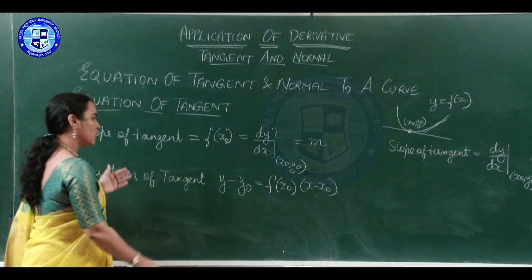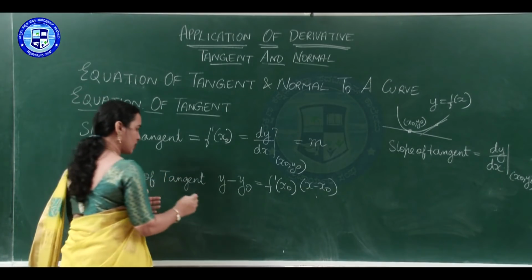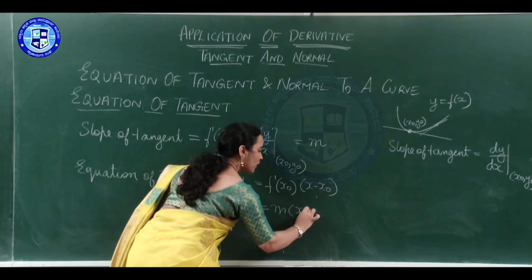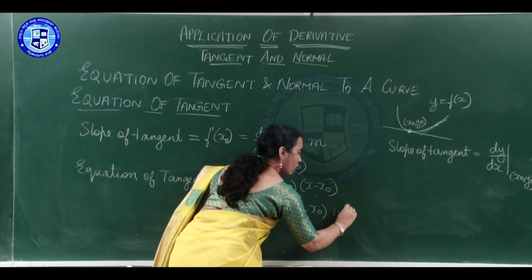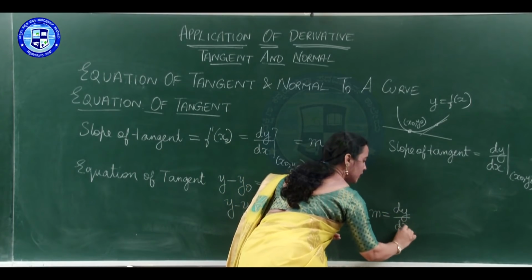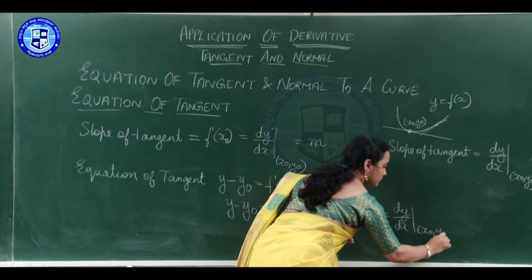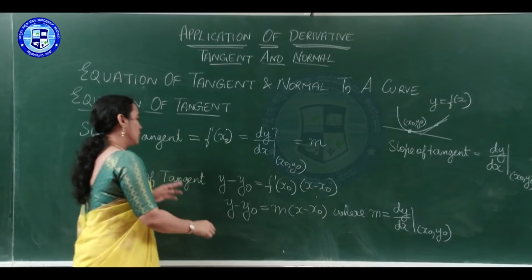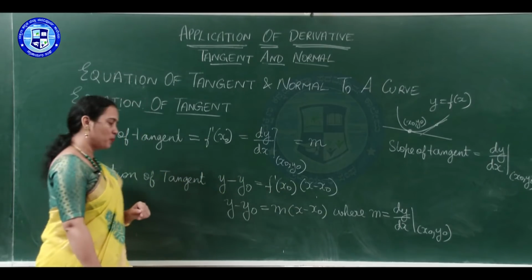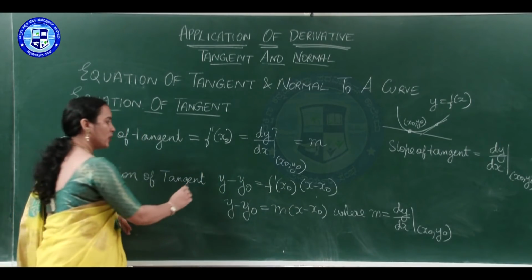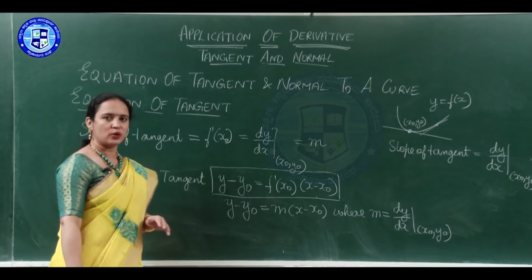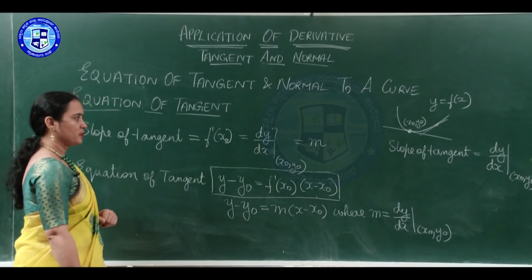Or in simple words, if you want to go with the traditional method of straight lines, you can write y minus y naught is equal to m into x minus x naught, where m is nothing but dy by dx at the given point. So, I will repeat, the slope of the tangent is dy by dx at the given point. The equation of the tangent will be y minus y naught is equal to f dash of x naught into x minus x naught.